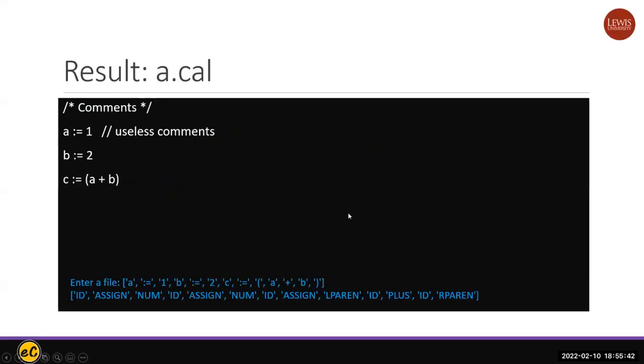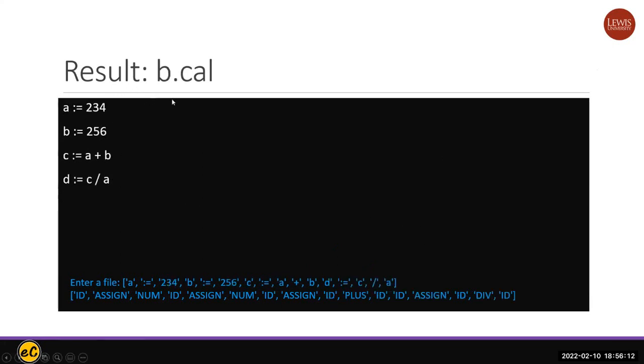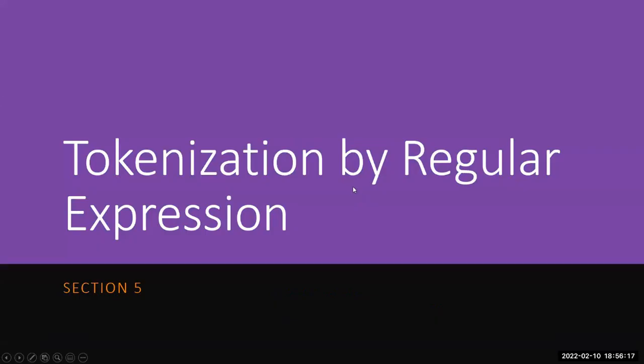So we can process this input A dot calculator language into such tokens: 2 assign, then 1, then the comma, and then B assign 2. Here the top portion are tokens, and the lower portion are token types, which will be generated by my next scan. And then here we have beta calculator. Same thing, you will create the right format for us.